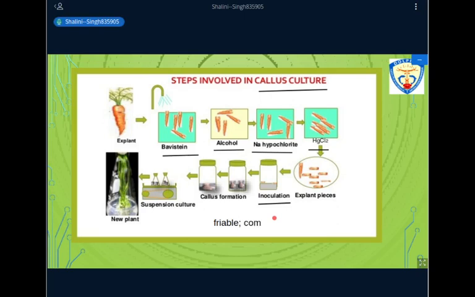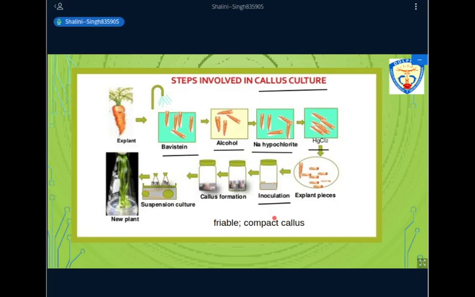And the second type of callus is compact callus. So these are two types of callus, friable callus and compact callus. Friable callus is when the cells in the callus are loosely arranged. You just shake them and they will come off.